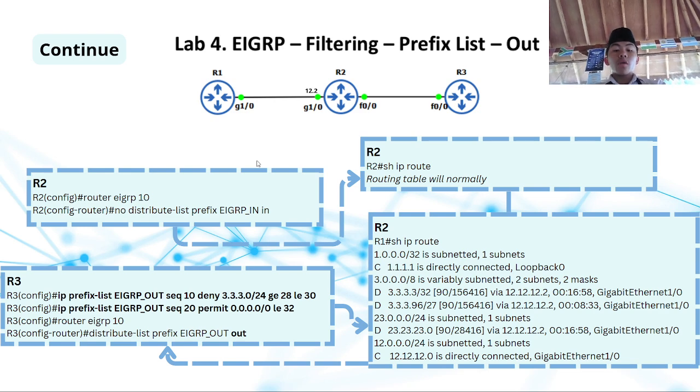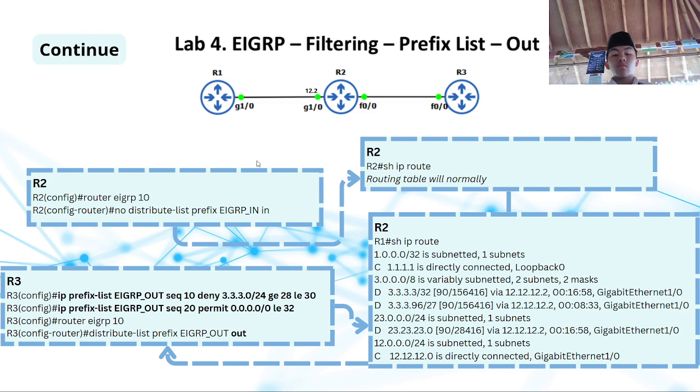Step 4. Why are prefix lists powerful? Because they can filter not only based on the network address but also based on prefix length. For example, we can say only allow /24 networks or deny anything longer than /28.